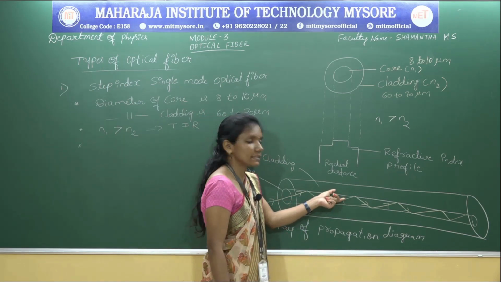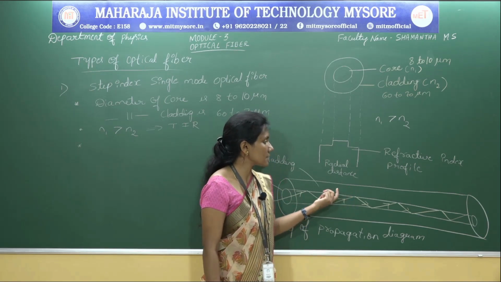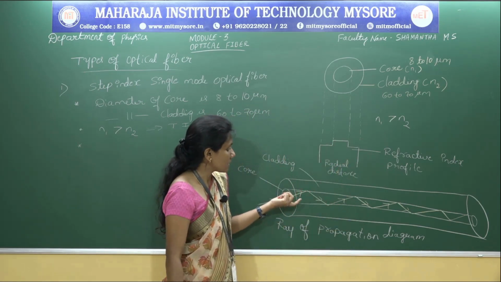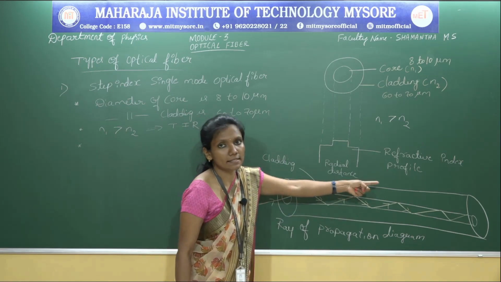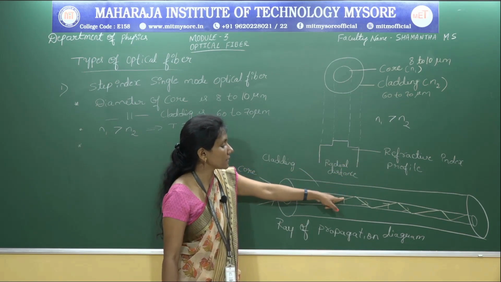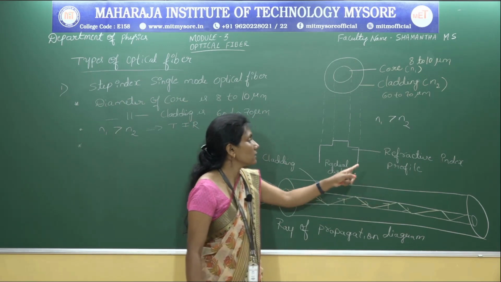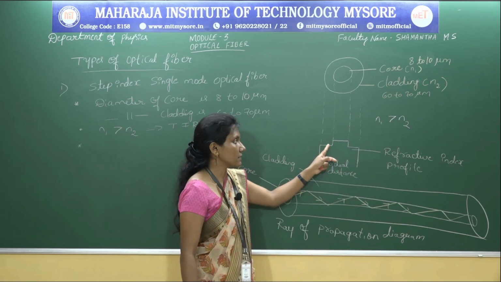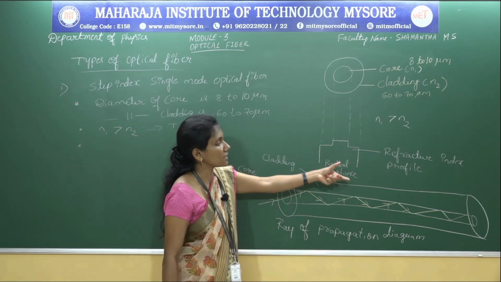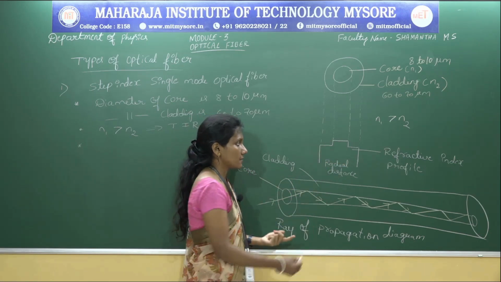Initially the core refractive index must be greater, but at some point there is a sudden change in the refractive index of the core and cladding at the interface. So the light signal takes a step-like structure. That's why the refractive index profile is like this.